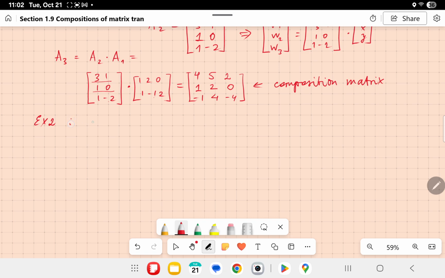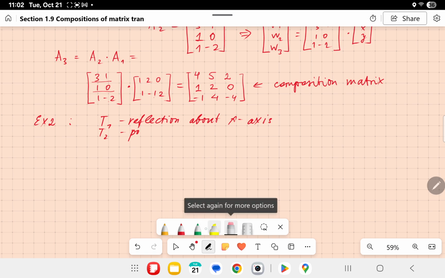So I'm going to write down T1, reflection about the x-axis, and T2, projection on the y-axis.